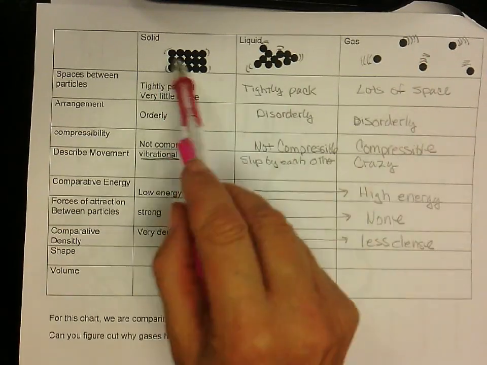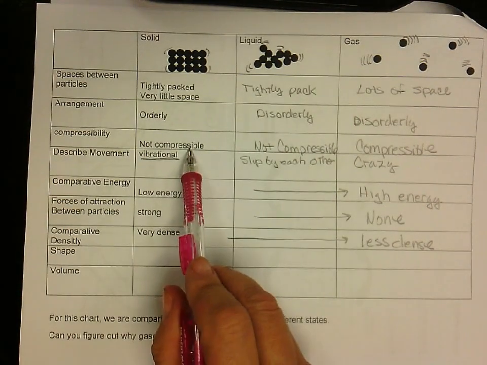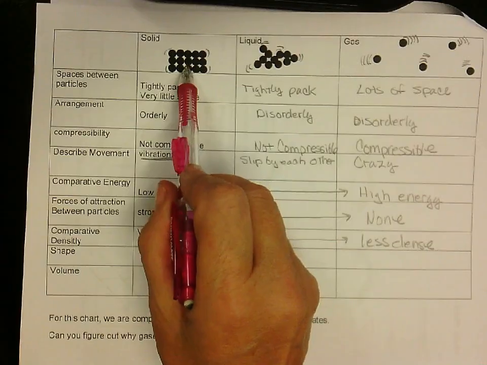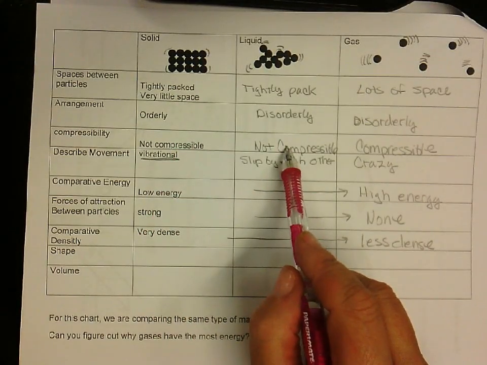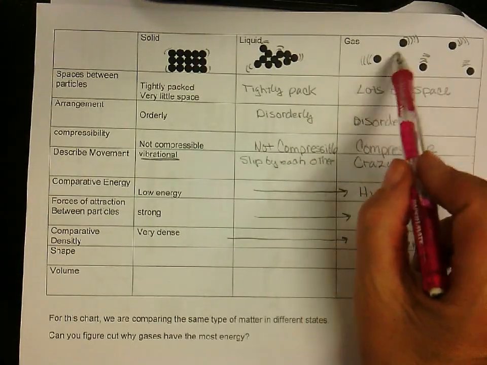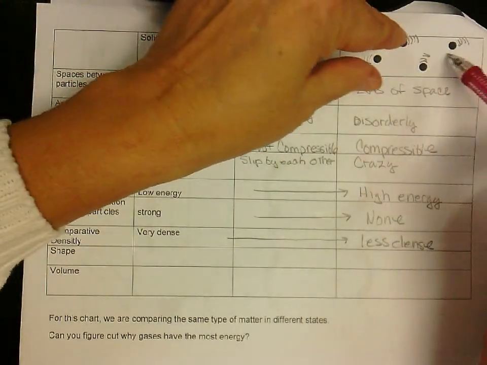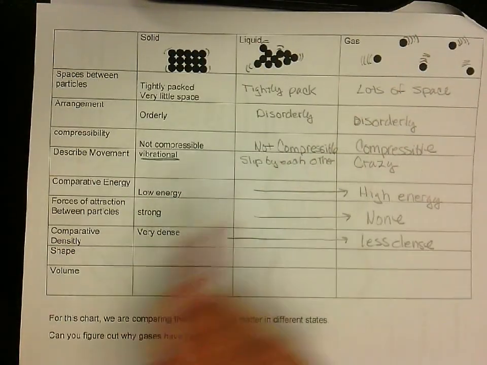Now, because of these spaces, we cannot compress solids. There is no space to get these molecules any closer, and it turns out we can't compress liquids either. But our gas is full of empty spaces, so we can squish these gas molecules to where they're touching, so we can compress that.